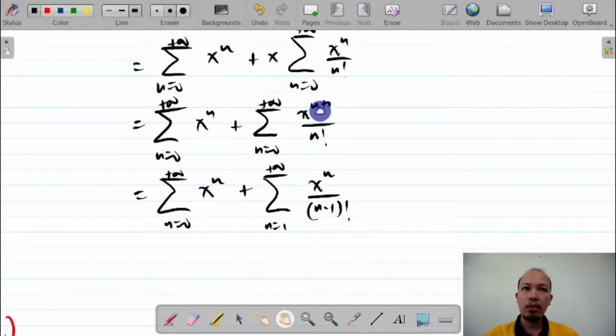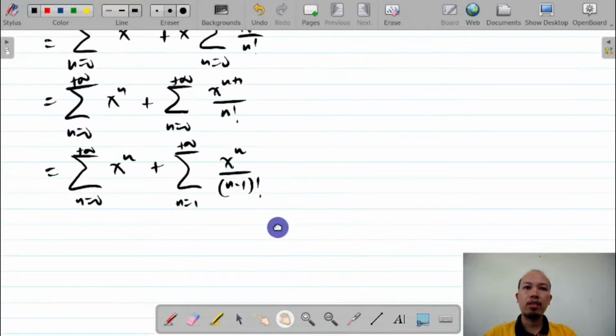The first term has 0 factorial in the denominator, and we have also here x to the 1, which is the same. When n is equal to 1, x squared, we have 1 factorial. When n is equal to 2, we have x squared, the same, 2 minus 1 factorial is 1. So they are just the same. So we will put somewhere here the explanation.